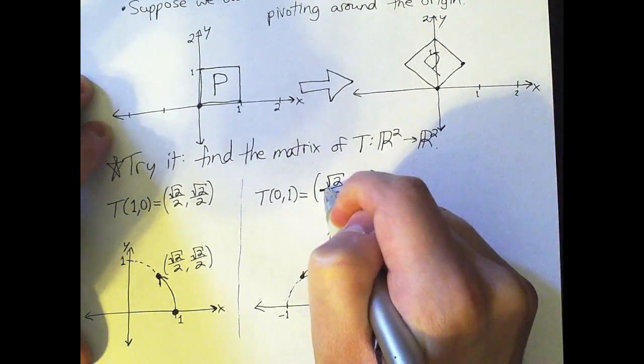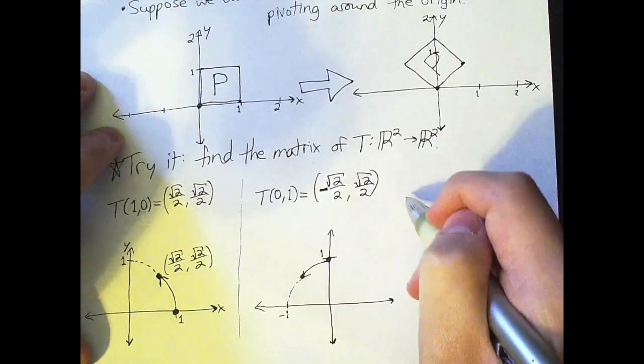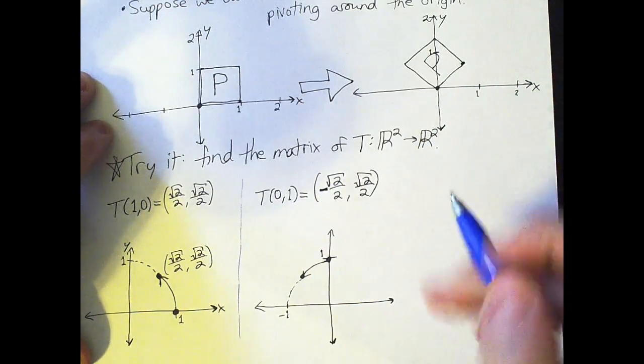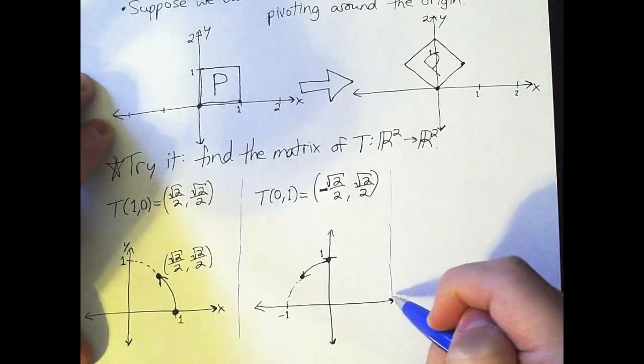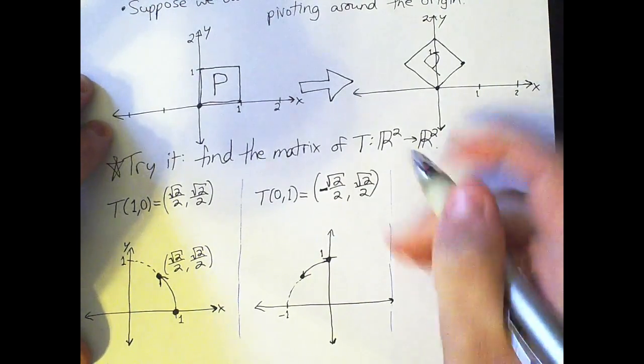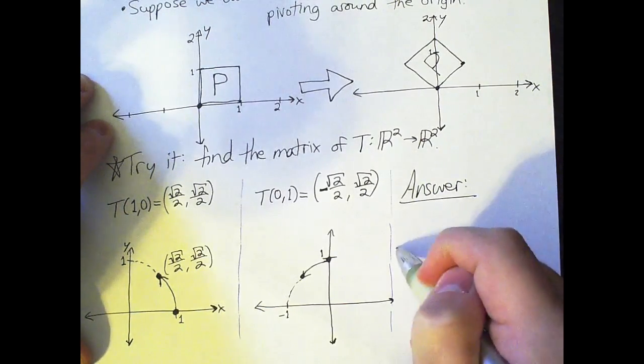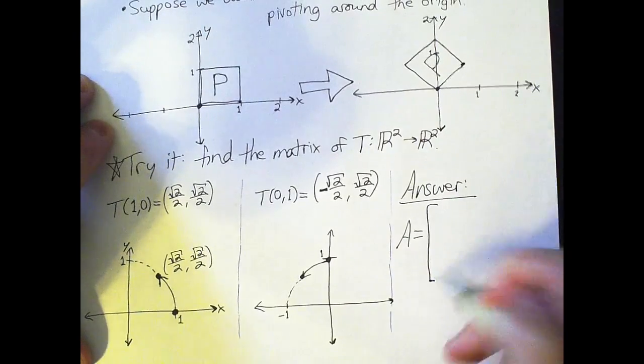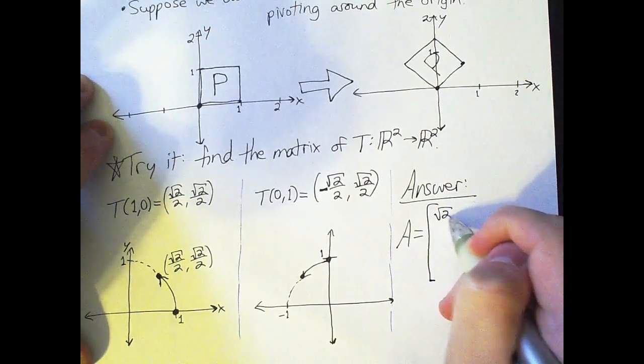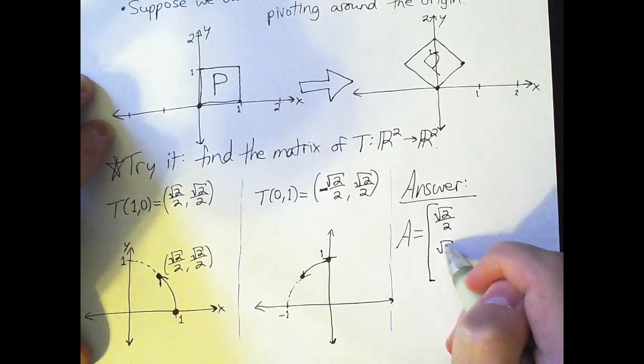It's a 45-degree rotation. So the answer to this question, that was my work. And the answer is a 2x2 matrix that looks like this.